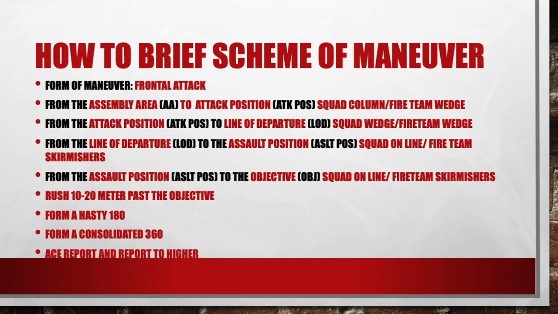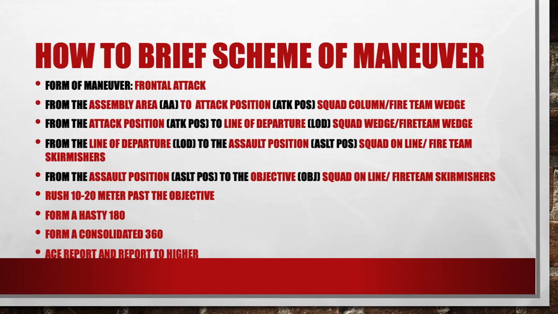When you have determined that there is no chance of enemy counterattack, you'll consolidate into a 360 around the objective and assign overlapping fields of fire. You'll gather what we call an ammunition, casualty, and equipment, or ACE report, from your fire team leaders, and you will report to higher. I'll now read this like I was going to brief it.